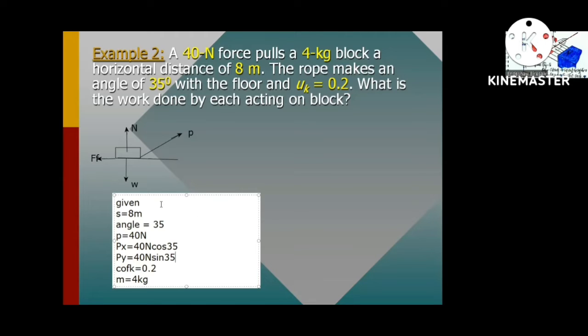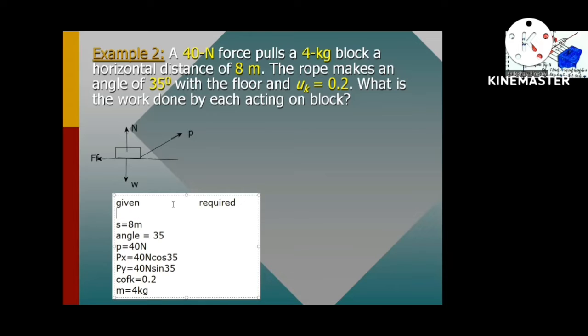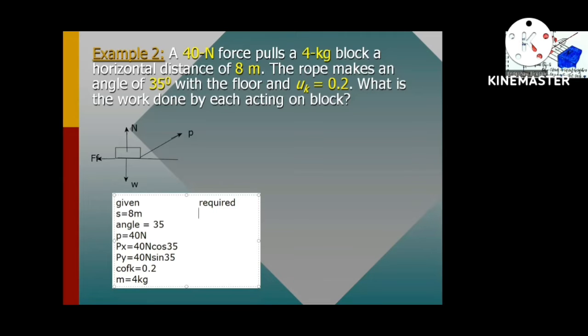Then the required is work done by the frictional force. How much?